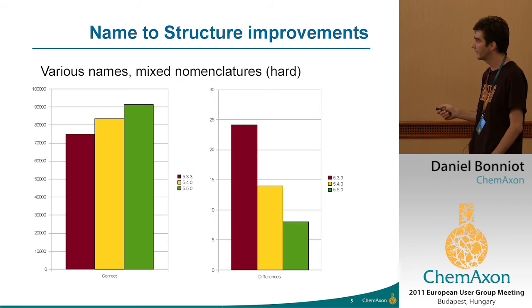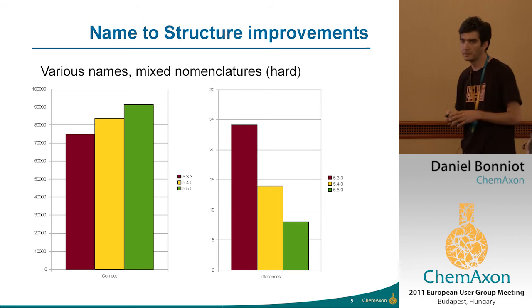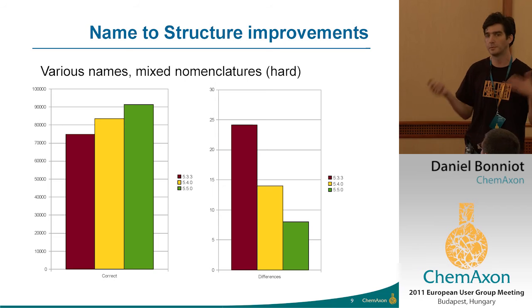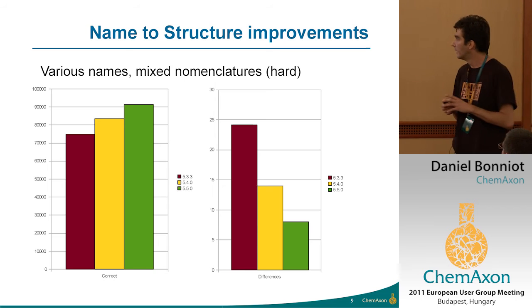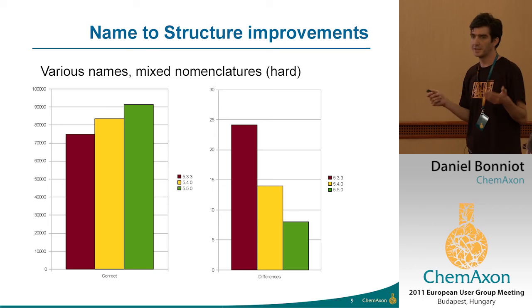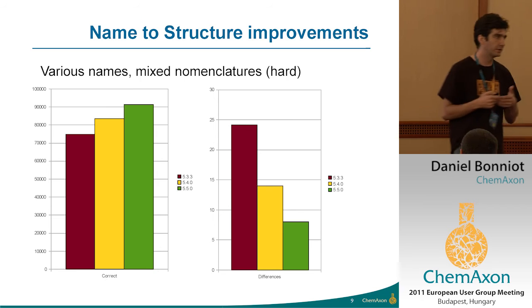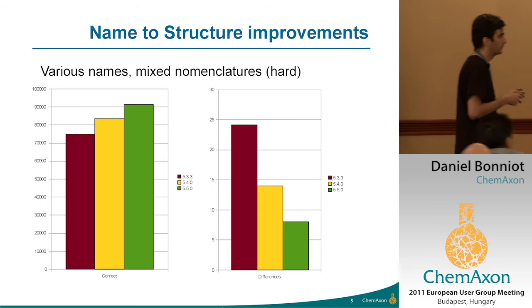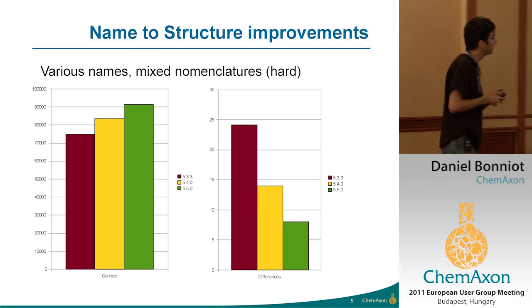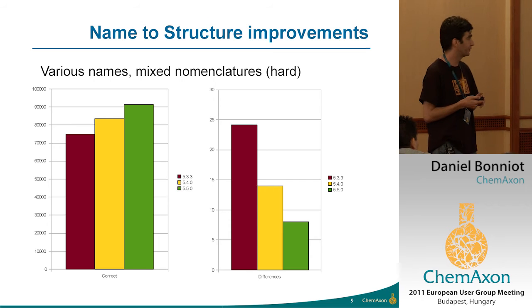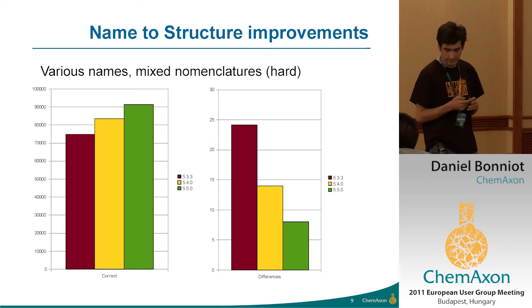So basically, halving twice the number of structures which were different from what they were expected to be. Obviously, that's taking into account that the structure could be represented in different ways, so we try to detect this automatically. But I encourage you to upgrade to the latest version 5.5 and see for yourself the results.